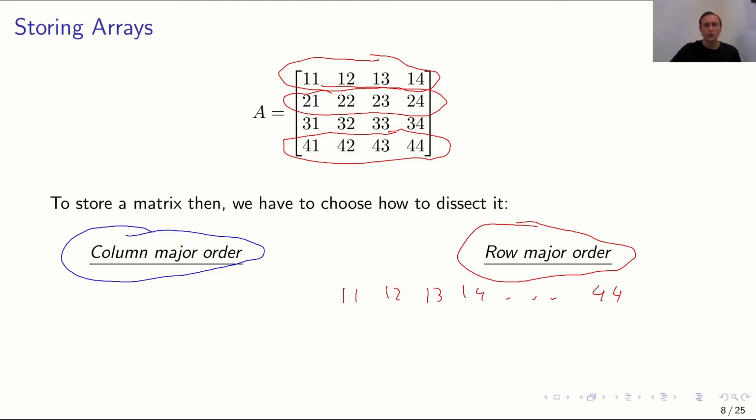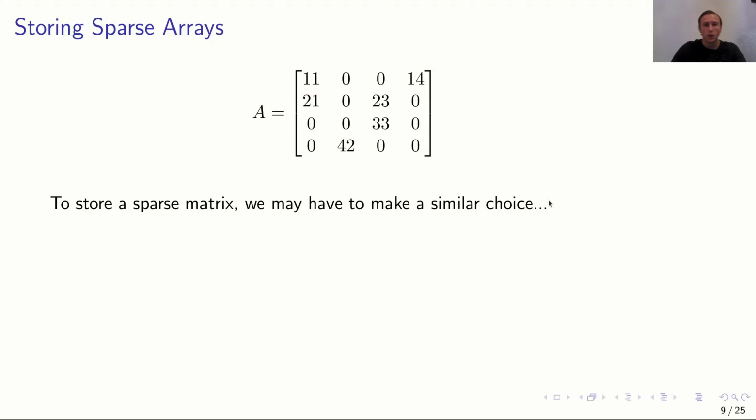Now, what does this mean for sparse matrices? Well, when we're talking about sparse matrices, we have to make a similar choice, of course. They are two-dimensional objects. The only difference is now we are excluding these zero elements. So we're still storing the non-zero elements, but these zero elements are no longer stored. But in storing these non-zero elements, we can still make a choice of either column major order or row major order.